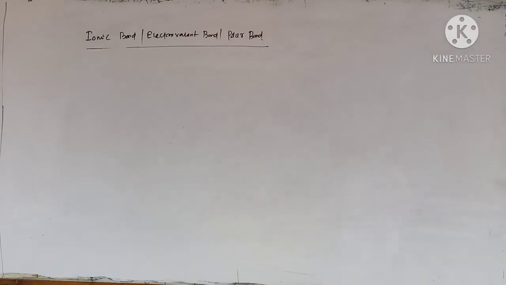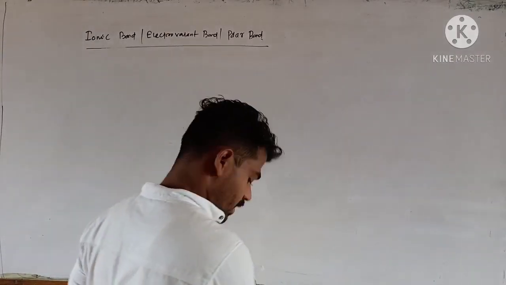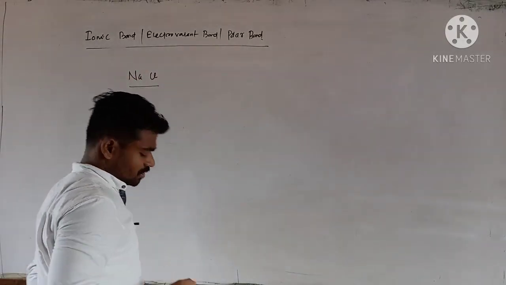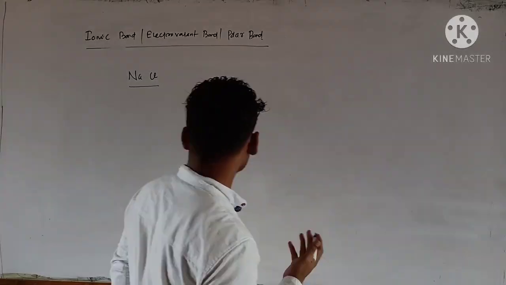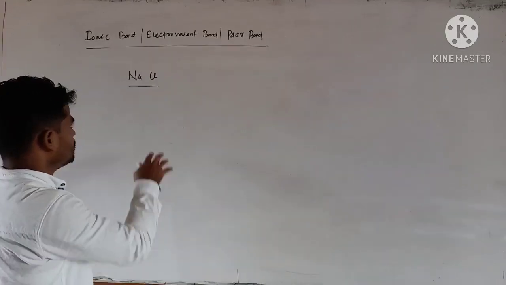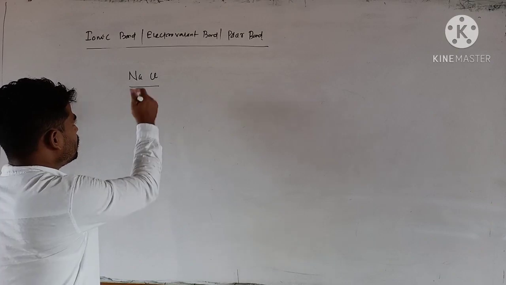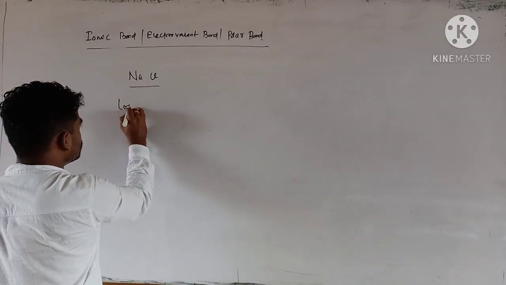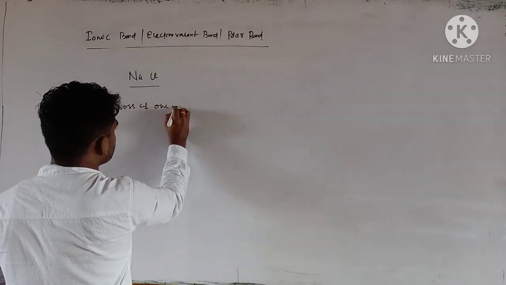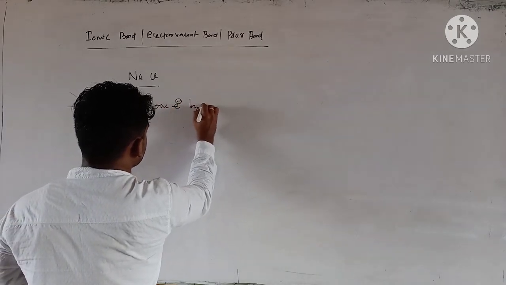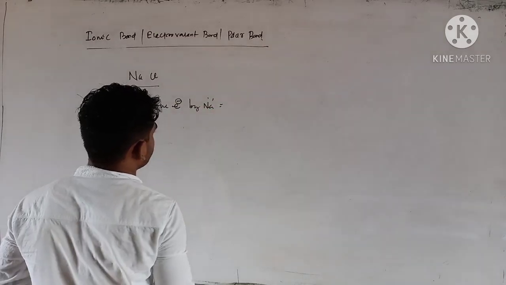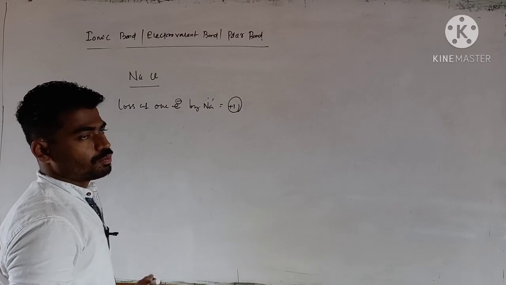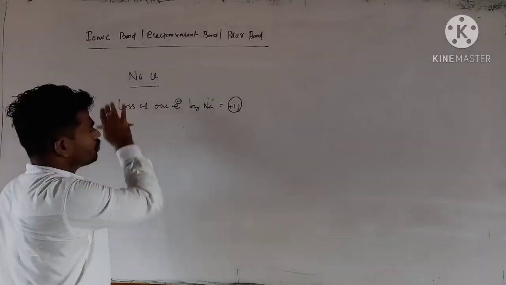For example, consider the formation of sodium chloride, NaCl. I have just discussed its formation. The interaction is purely ionic, since it occurs between a metal and a non-metal. So there is loss of 1 electron by sodium, which means it has a charge of +1, and that +1 corresponds to the valency of sodium, the electrovalency of sodium.